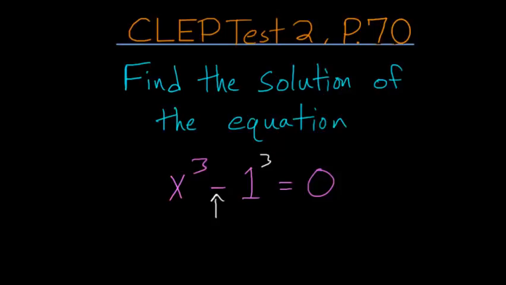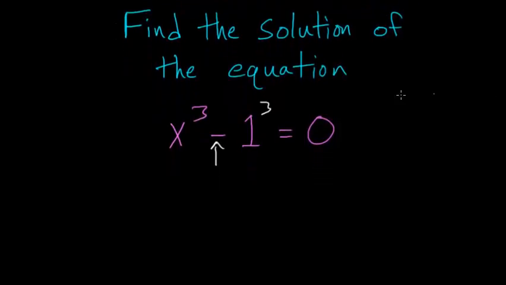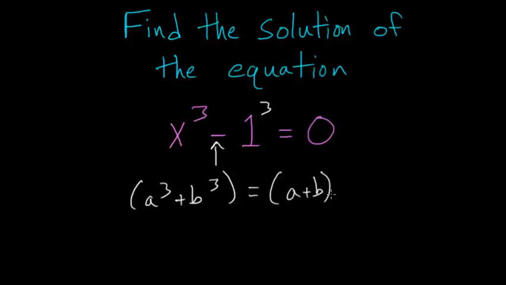And it's helpful to know two different formulas if you either have a difference of 2 cubes or a sum of 2 cubes, since you might need to factor them. So if you have a sum of 2 cubes, a cubed plus b cubed, then this would factor into a plus b times a squared minus ab plus b squared.